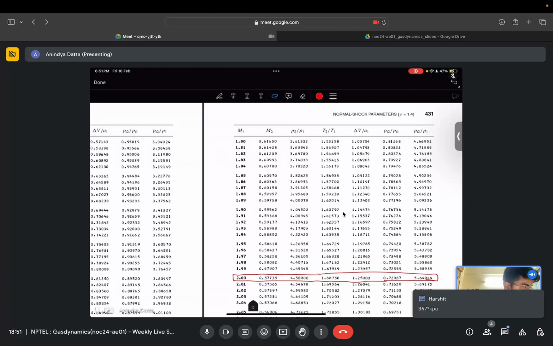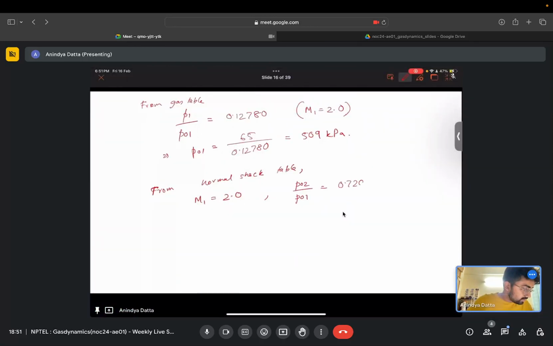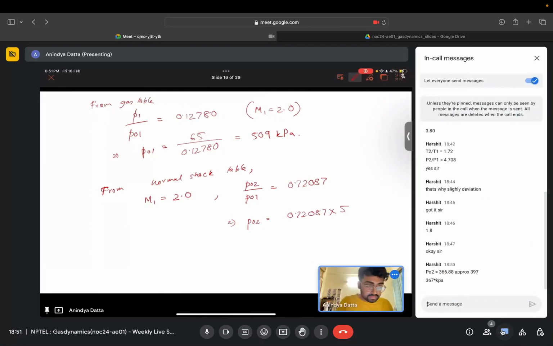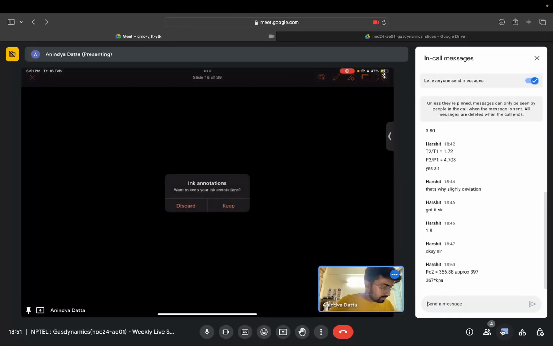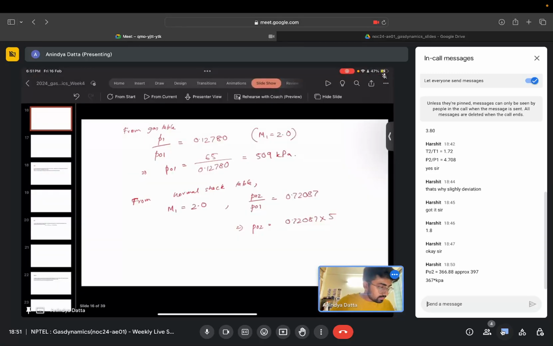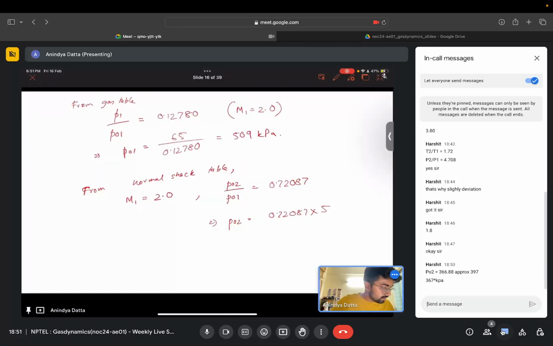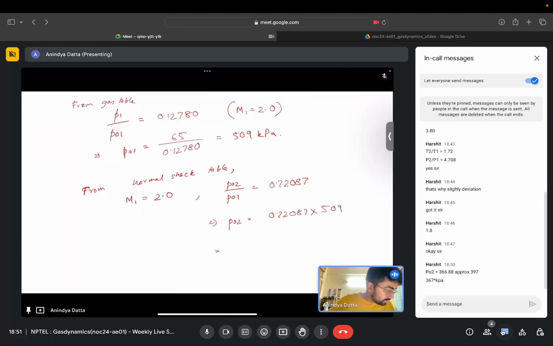You see P02 by P01 is 0.72087, so P02 will be equal to 0.72087 into 509. Did I make a mistake? Yes, P02 comes out as 367 kilopascal. Okay, all right.